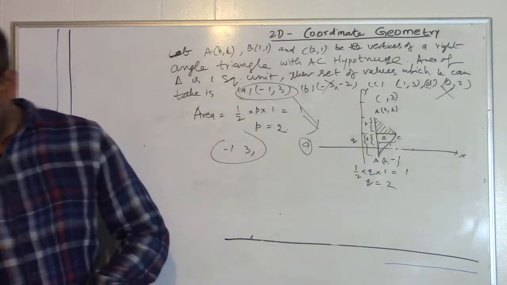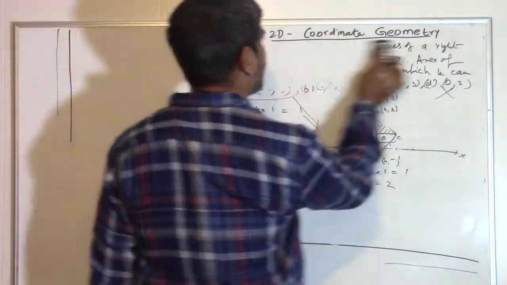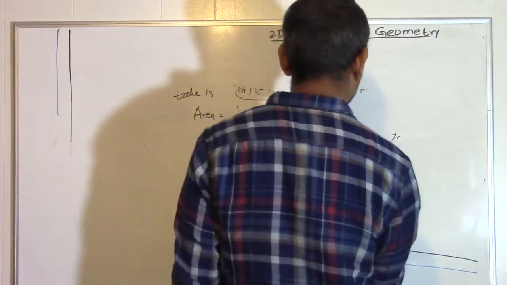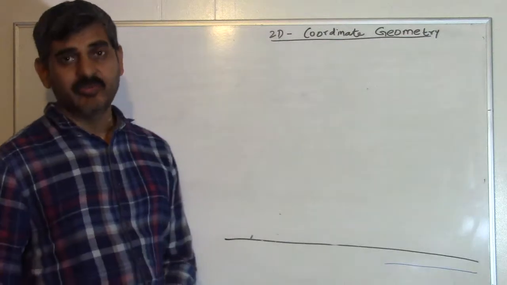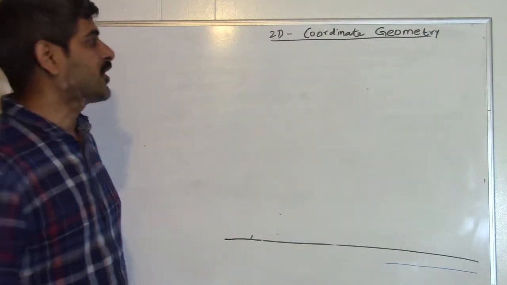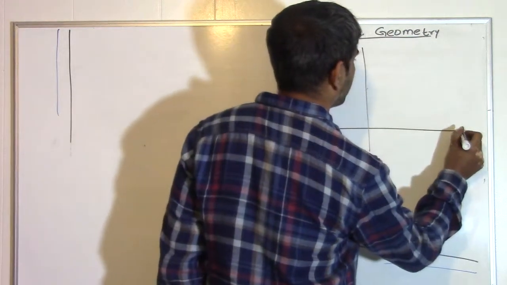We are going to now learn a little bit about the polar coordinate. Polar coordinates, the way we express any point in terms of Cartesian coordinate, in the same way we can.